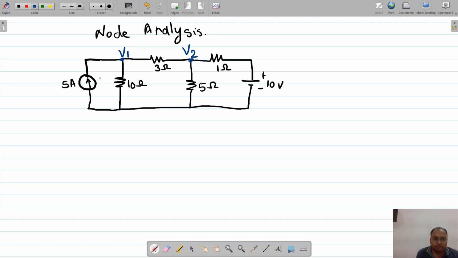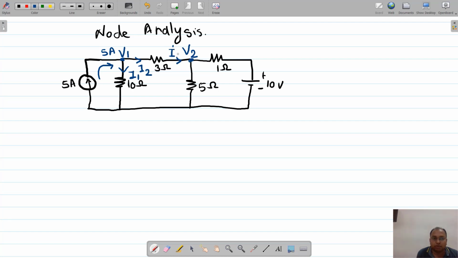This current 5 ampere is going to enter up to node 1, and then it may have the division of the current. Am I right? Fine. So let us call this I1 and this I2, right? And this I2 will come up to this point as well.